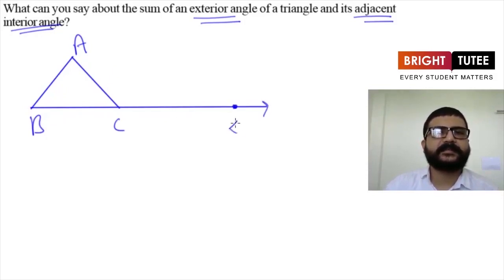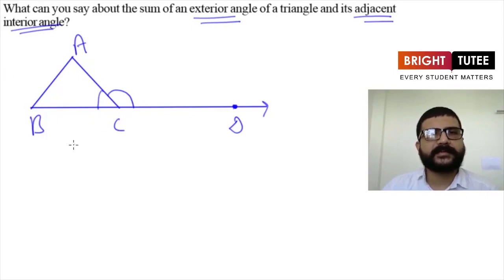Let's say this is point D. Now the exterior angle formed here is this angle. Which will be the adjacent interior angle to this exterior angle? See, angle A and angle B are the opposite interior angles. So which will be the adjacent angle? This angle C is the adjacent angle to this exterior angle.